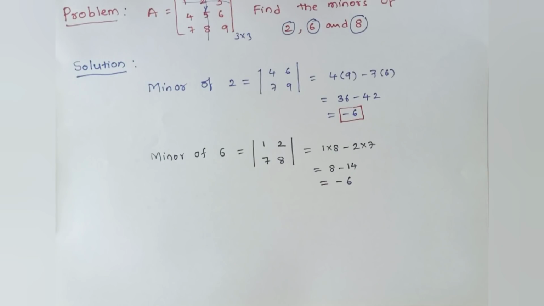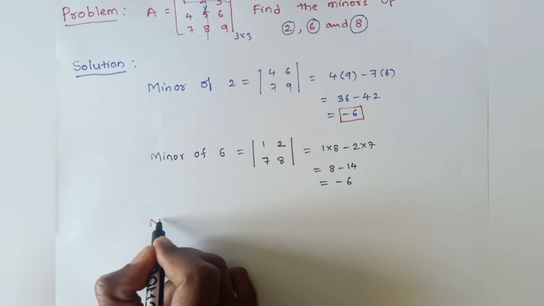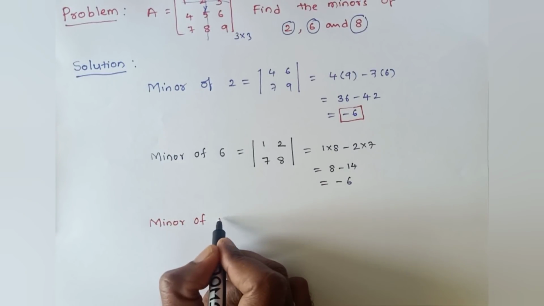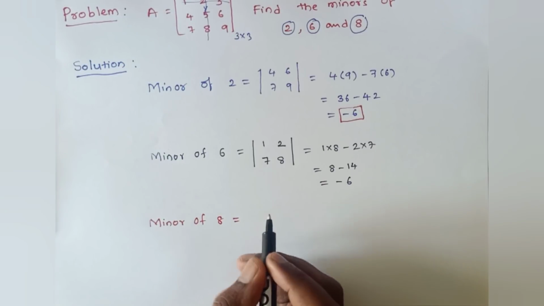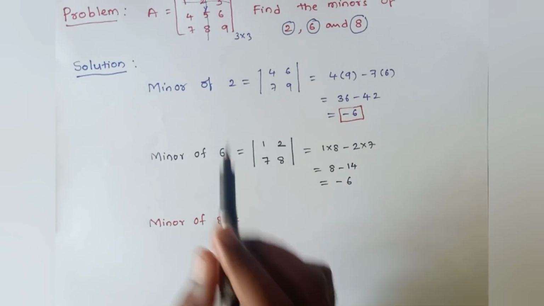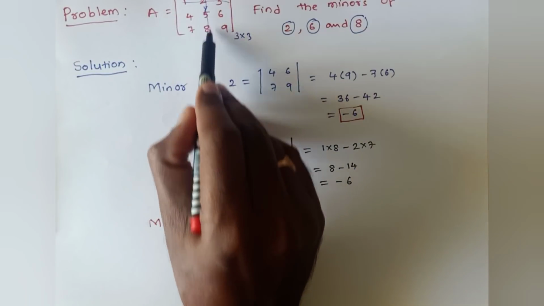And finally, find out the minor of 8. The location of 8 is third row, second column.